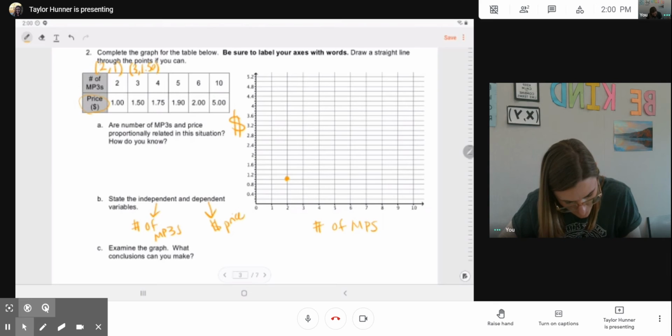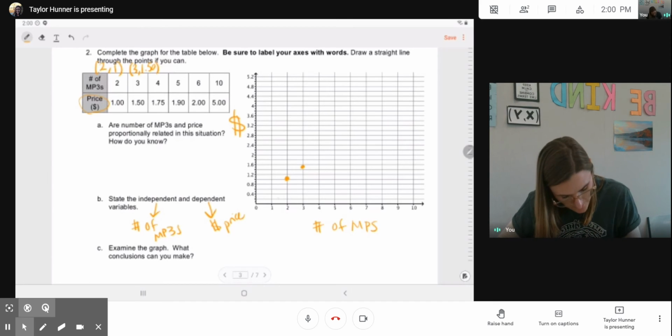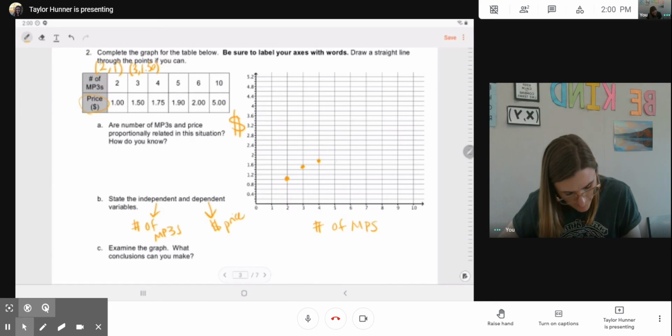So 3 and then 150 is going to be about right there. The next point is 4 and then 175. So over to 4 and then up to 175 would be right there, or just under 180. 5 and then 190 would be just under 2. 6 and then $2. And then 10 and $5.